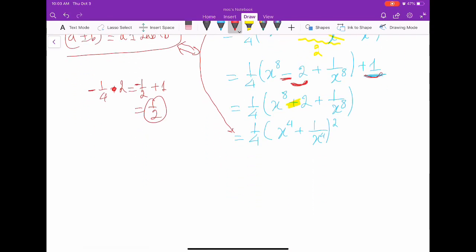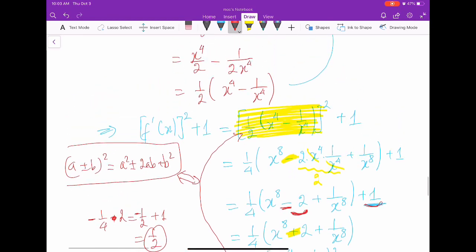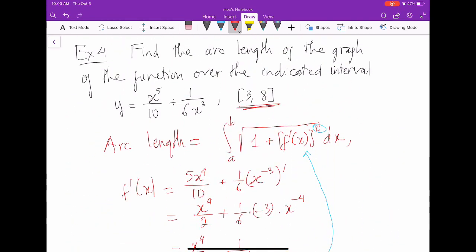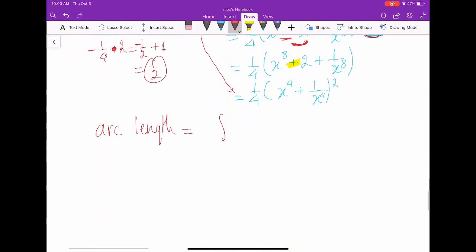Now I will substitute this into the integral. So my integral looks like, I write arc length equal to the integral from 3 to 8 of the square root of (1/4 x to the 4 plus 1 over x to the 4) squared, dx.